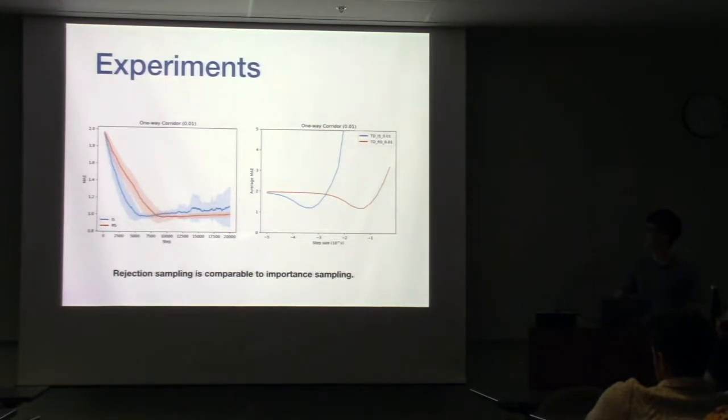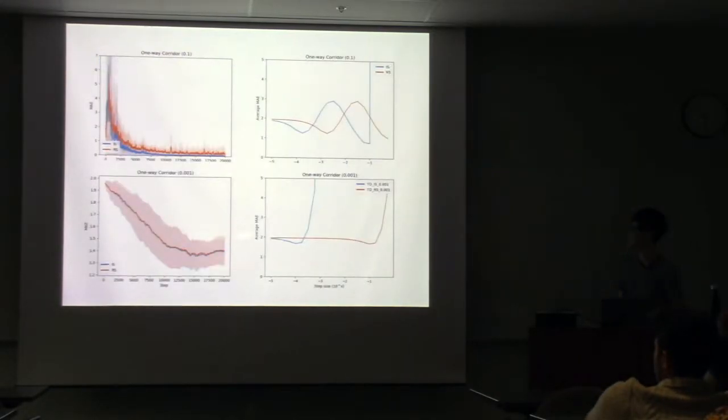And on the left, actually, the rejection sampling seems to have less variance overall. So that's promising. What about the other settings? The other one was 1%, and the one at the top is 10%, and the one at the bottom is 0.1%. With 10%, it seems like both algorithms do very well.